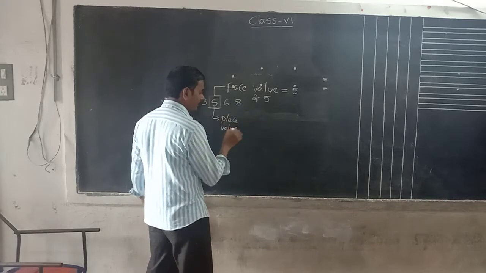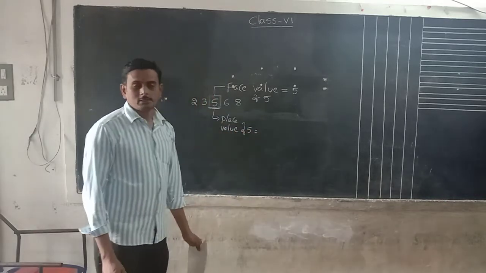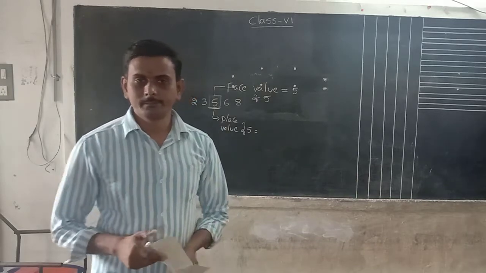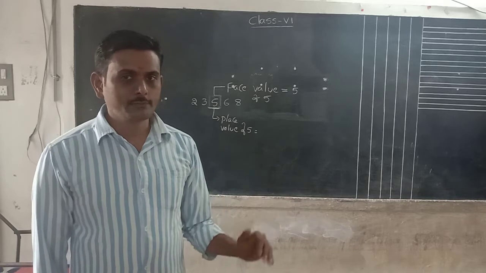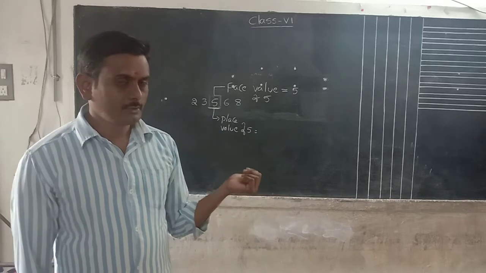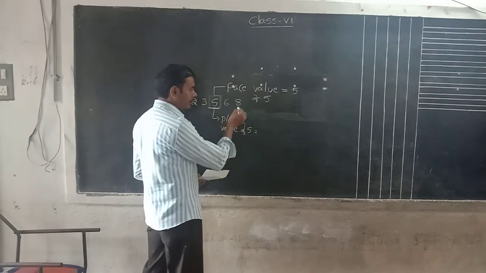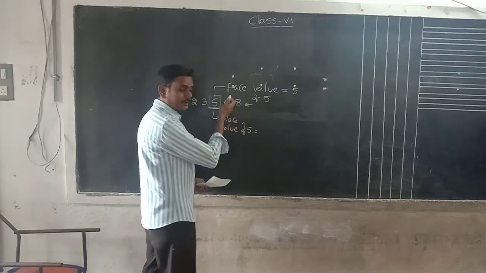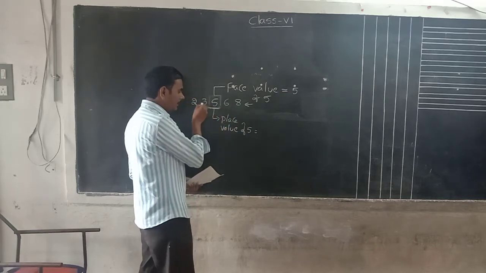Next, place value of 5. Place value means we have to follow the Indian system. According to the Indian system, we take the places from the right side onwards: ones, tens, 100, 1000, 10,000.